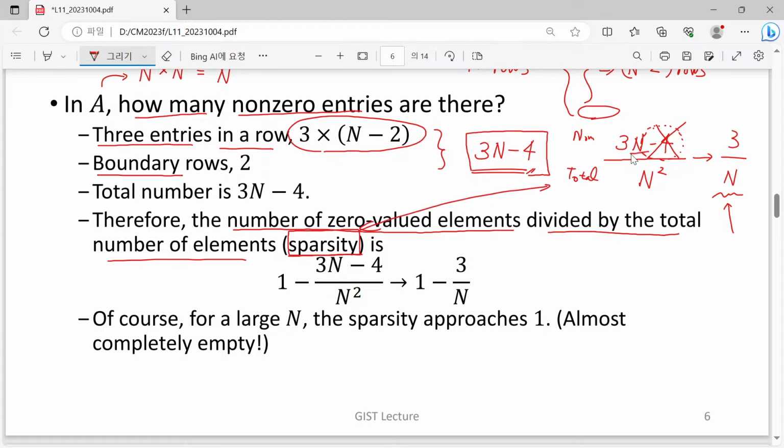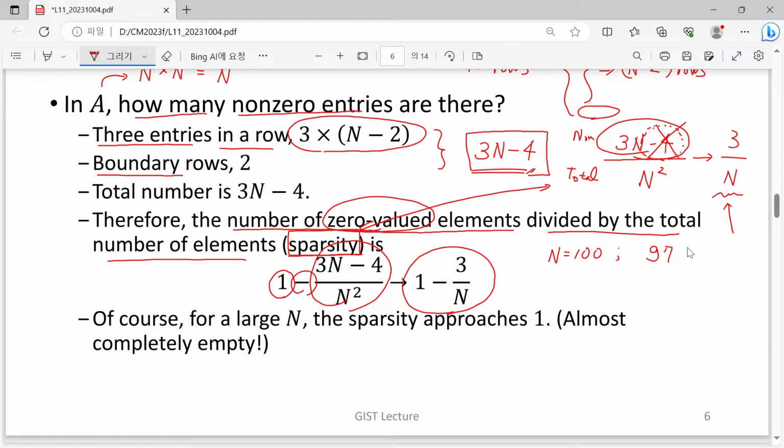The upper part is the non-zero one, and here we have the zero-valued one. So now we have 1 minus our ratio, which simply becomes 1 minus 3 over n. Let's try to calculate it. If we have 100 elements, then what is the sparsity? The sparsity becomes 97%.